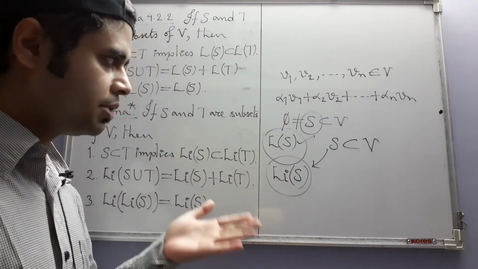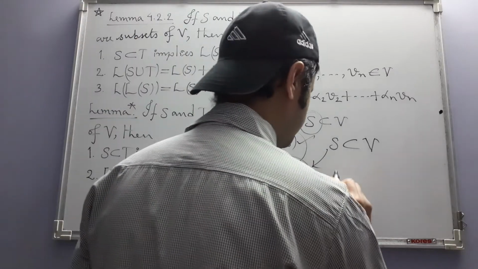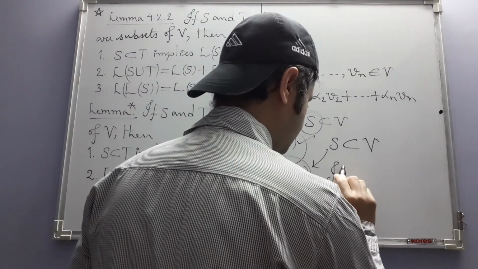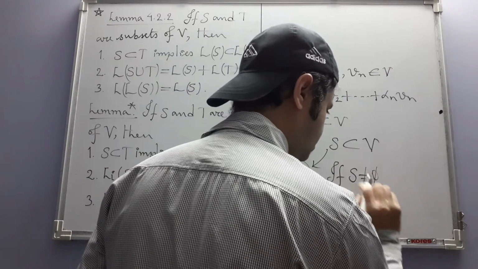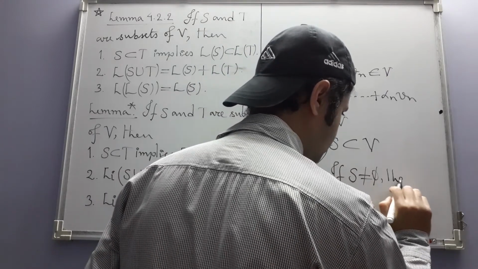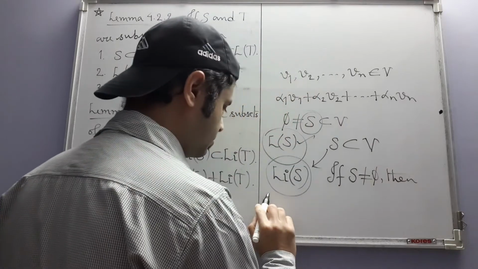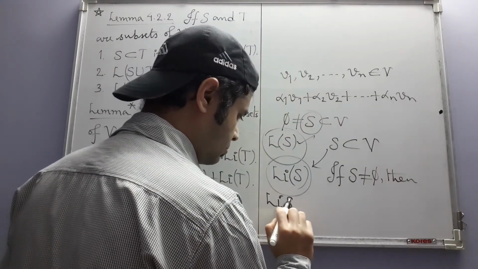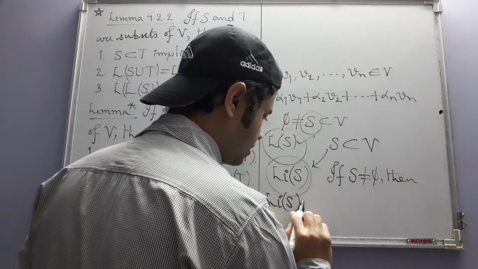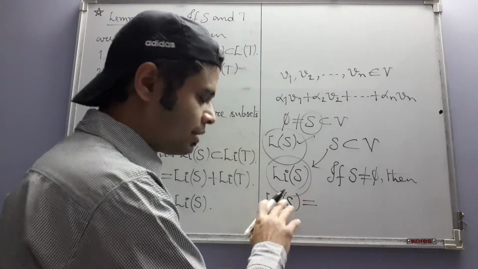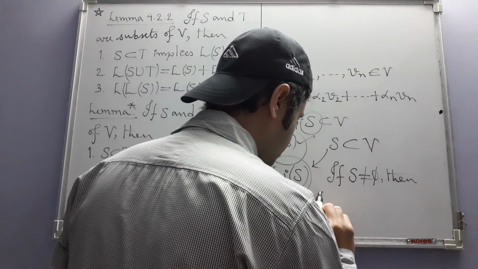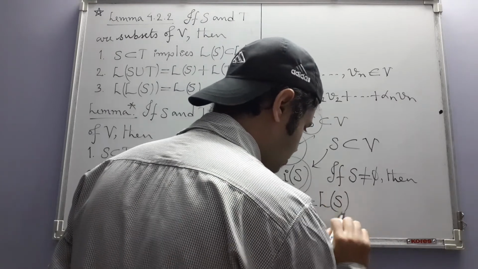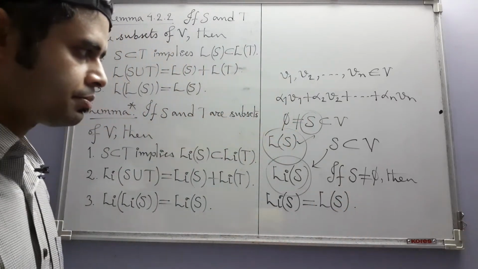After defining this, we then proved that if S is non-empty, then our newly defined one, we call this one also linear span, turns out to be equal to L of S, the old linear span.